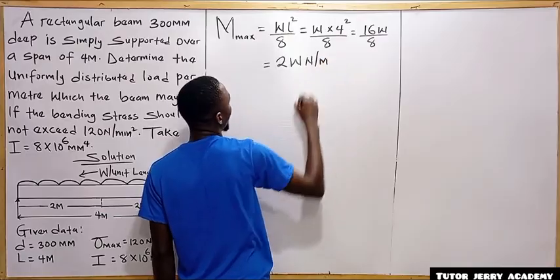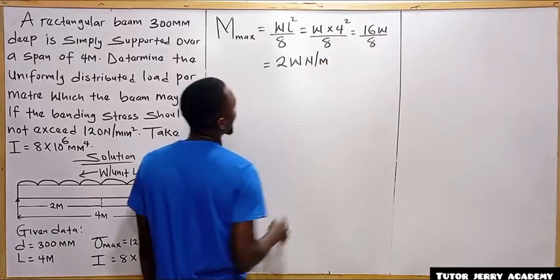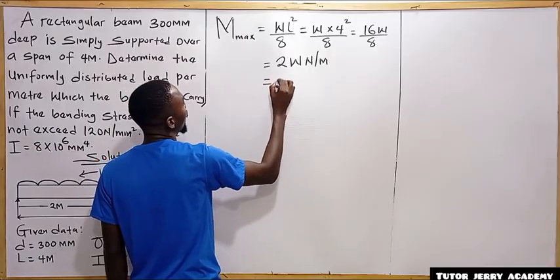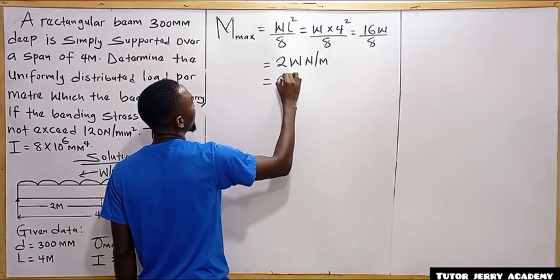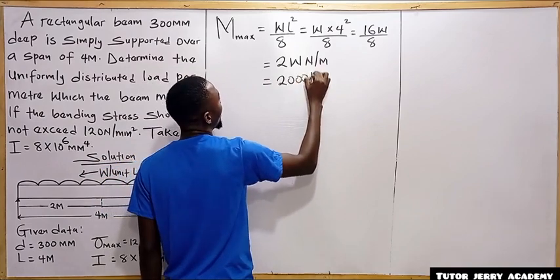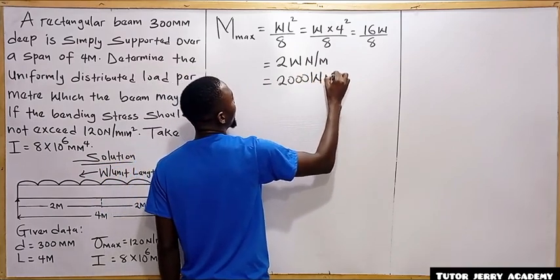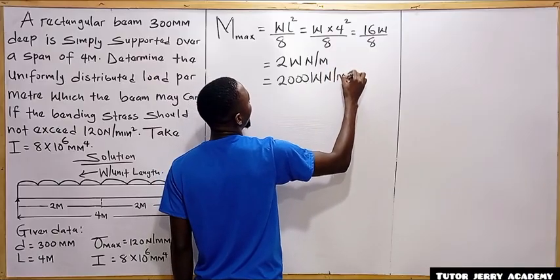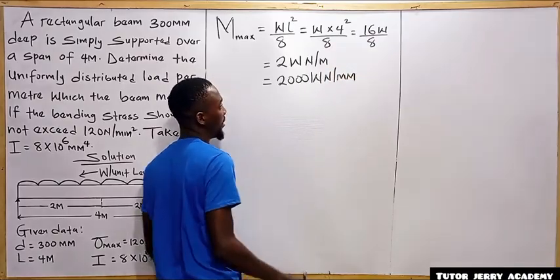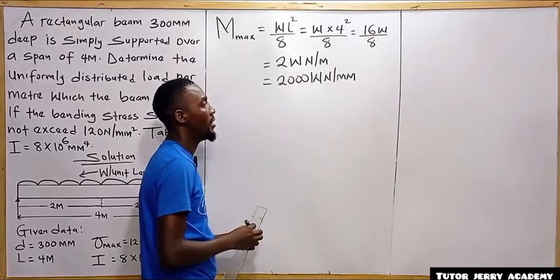Newton per meter. And of course, if we want to take it to millimeter, we are going to multiply by 1000, which is going to give us 2000 W Newton per millimeter. All right, so that's our maximum bending moment.